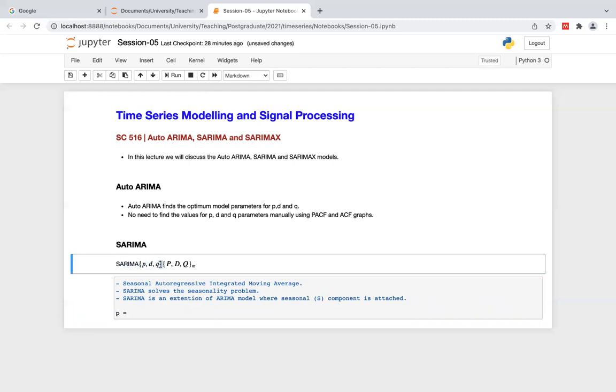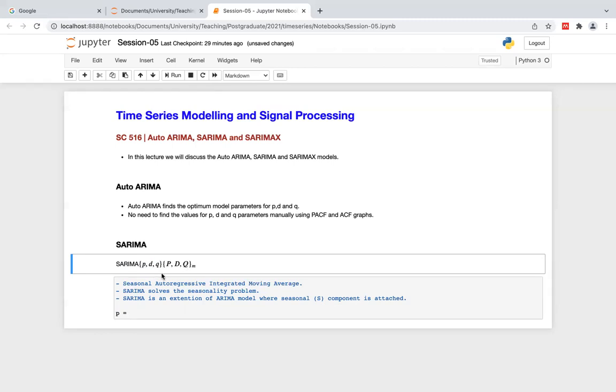Then these are non-seasonal components. Simple P, D, and Q are non-seasonal components, whereas capital P, D, and Q and simple M are seasonal components. Actually, these capital P, D, Q are analogous to simple P, D, and Q.